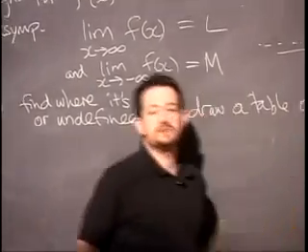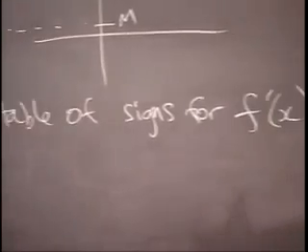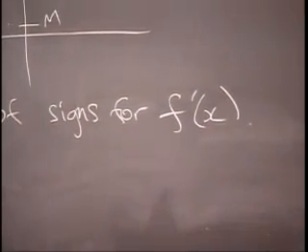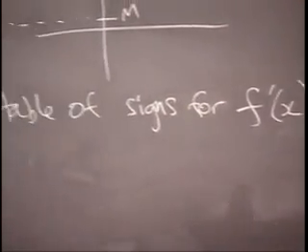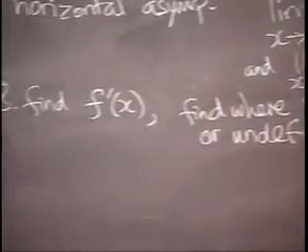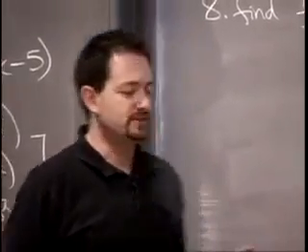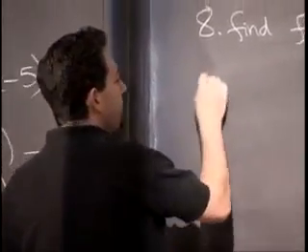And again, I've told you all about how to draw the table of signs, so I'm not going to belabor that at the moment, although we will look at a whole lot of examples. Draw a table of signs. That, as we've seen, gives you a heck of a lot of information. However, there's one extra step.